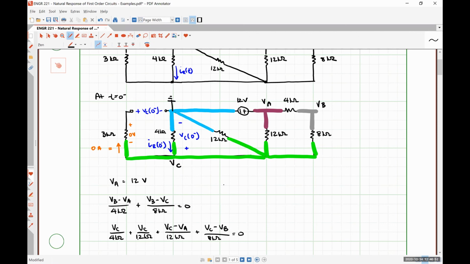I'm just trying to make sure that we don't screw this thing up. Okay, so we can solve this system of 3 equations, 3 unknowns, and in doing so, we'll get VA, VB, and VC, which is going to be equal to VC at 0 minus. So let's take a moment to solve this guy.